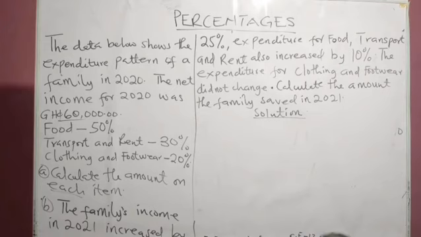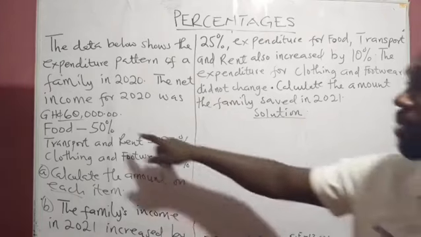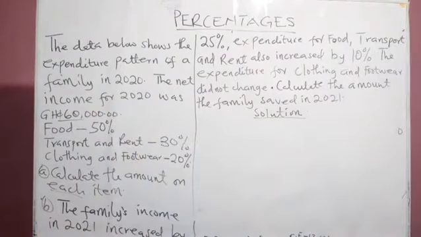Let's see the increment in the family's income. The family's income is 60,000, so the 60,000 is 100%.